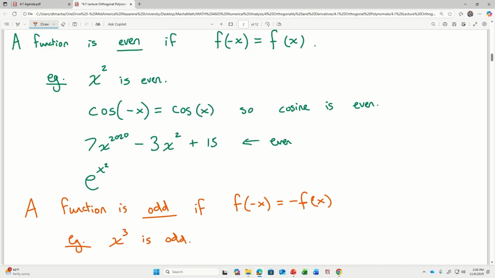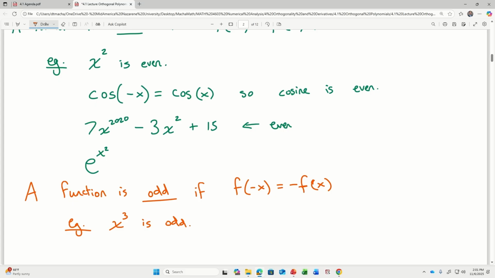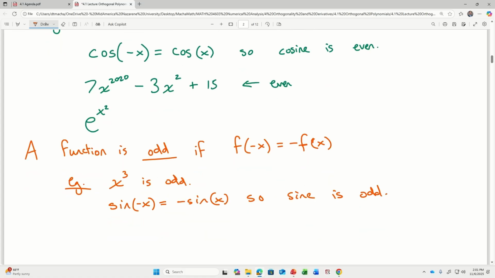If I take 2 cubed, it's 8. So putting a negative on the argument just makes the whole output negative. Sine is an odd function. Tangent is an odd function. Arctangent is an odd function.